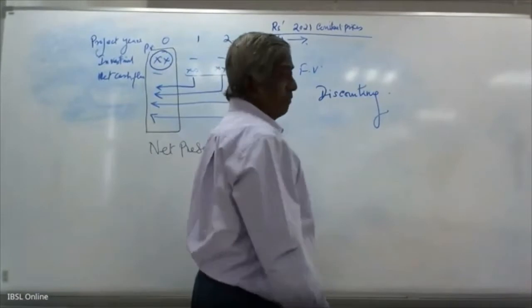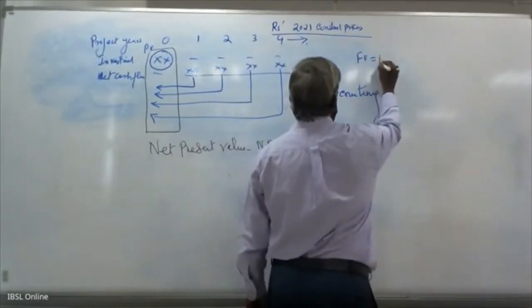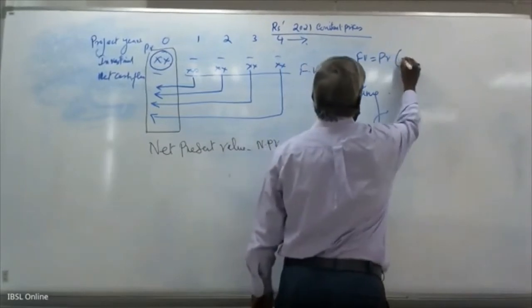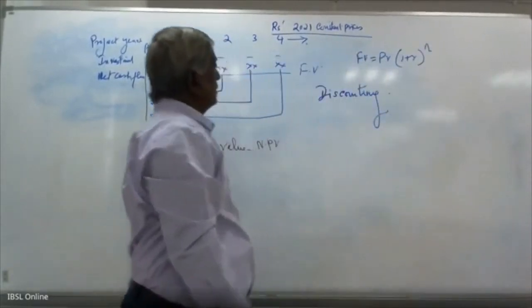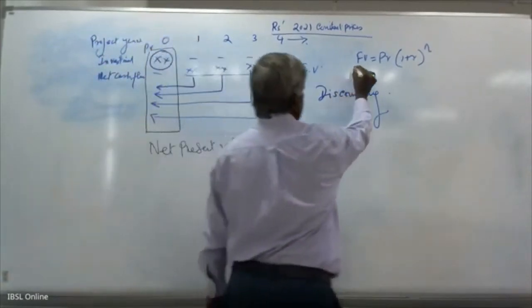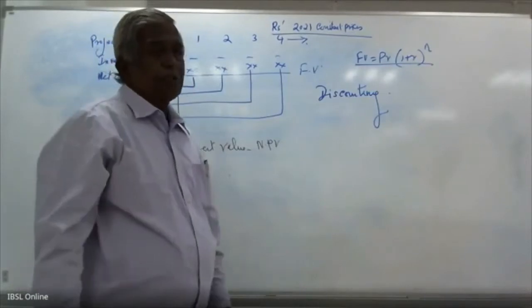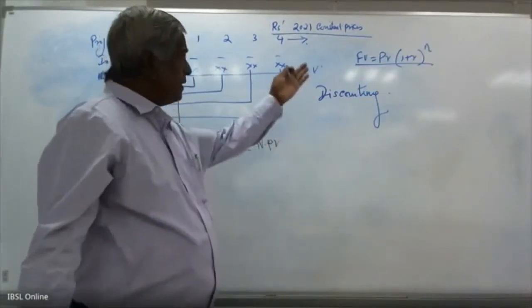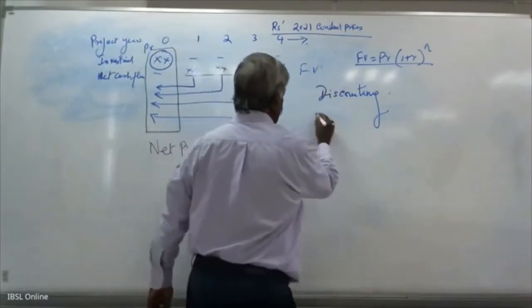The compounding formula we have seen: FV is equal to PV into (1 plus r) to the power n. This is the compounding formula we have learned. Now in this formula, make PV the subject.